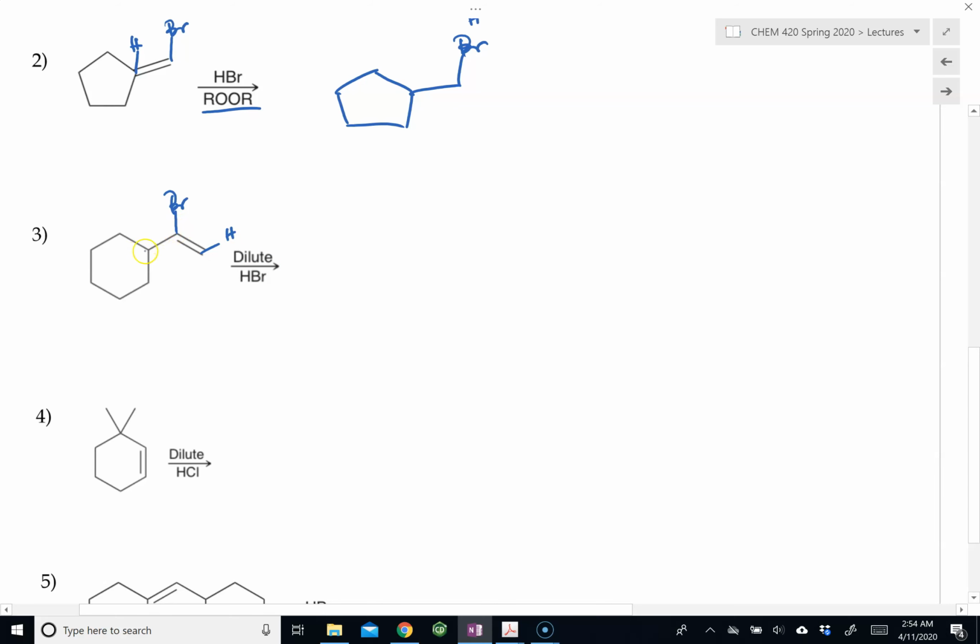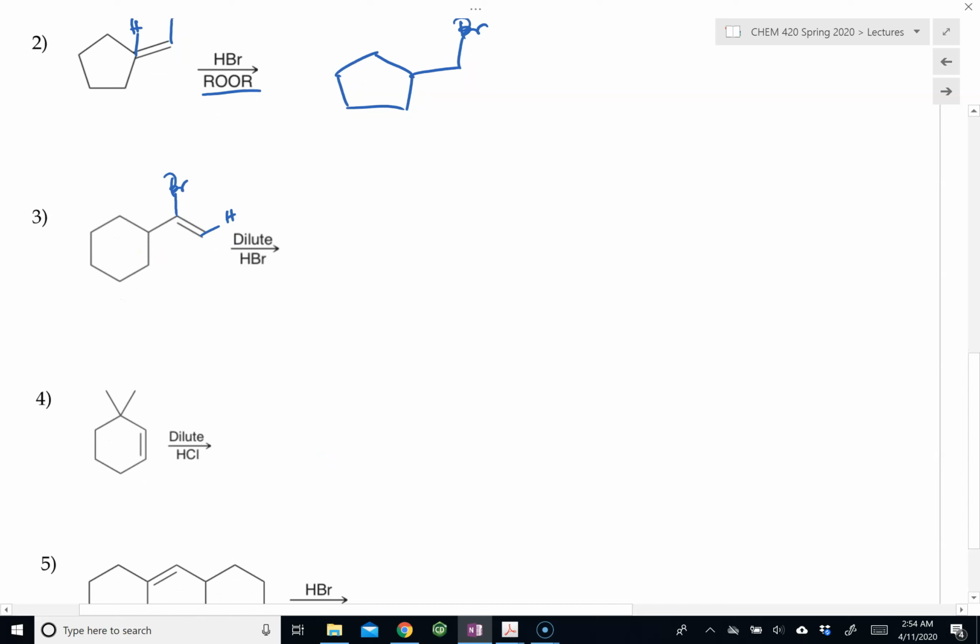And now it is possible for this to rearrange. So therefore we have to think about the rearrangement product as well. So let's draw the product without the rearrangement first, and that would then be our minor product. And that is where we would then have the following.